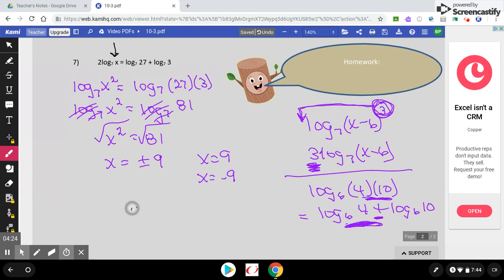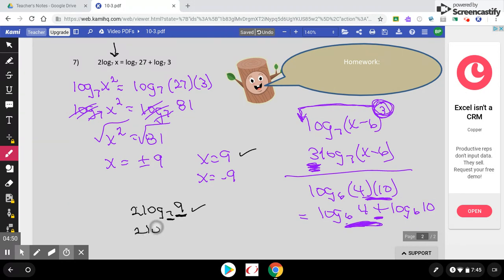It would say 2 log base 7 of 9. And somewhere back in the earlier section of chapter 10, we learned that you can do a positive argument. You can do a positive base. Hey, that one's doable. The other part of the problem doesn't have an x. I wouldn't have to worry about it. This guy checks out. Positive 9 is good to go.